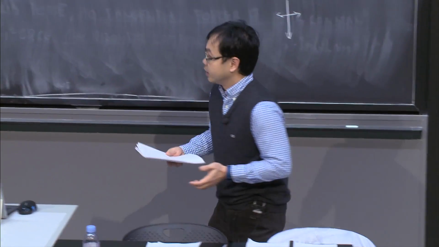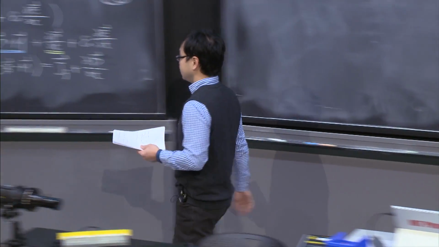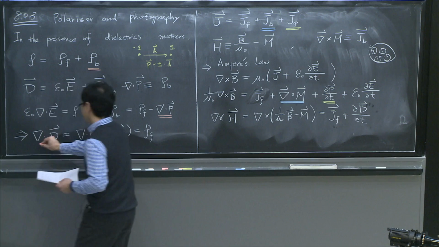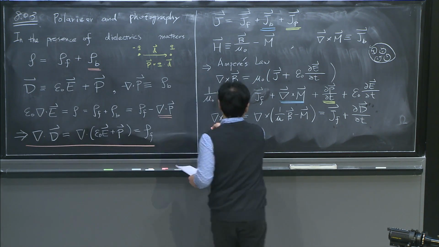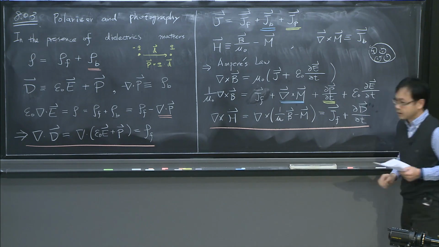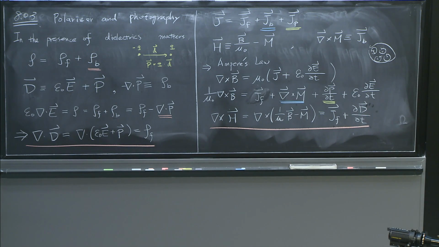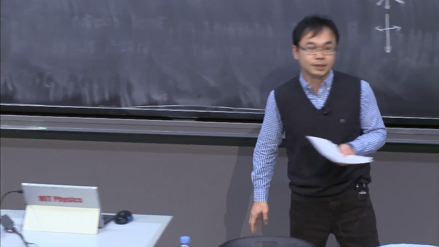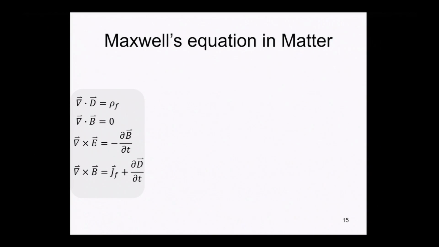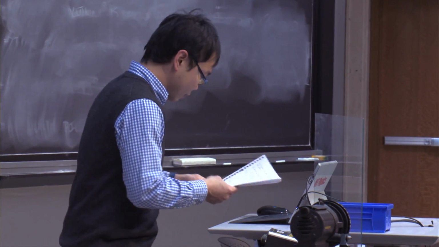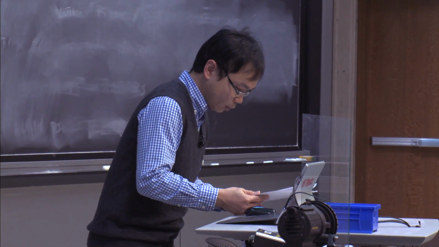Okay, so if we accept these two conclusions, we arrive here. Basically, we can immediately write down what will be the Maxwell's equations in matter. So now, instead of the E field and the B field, we also have... I think there's a typo there, probably.